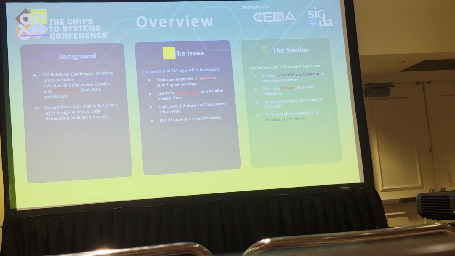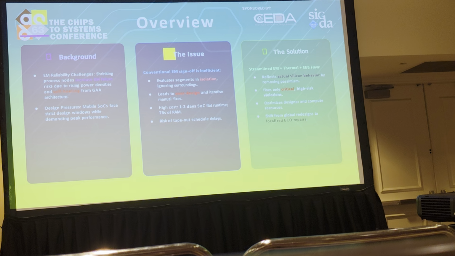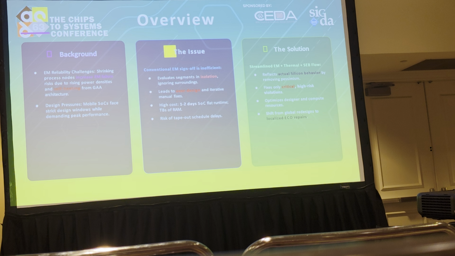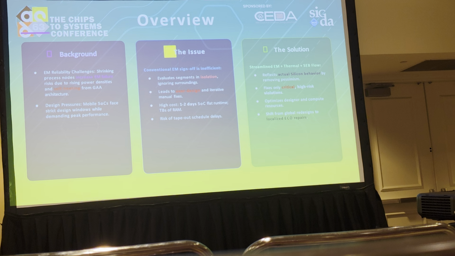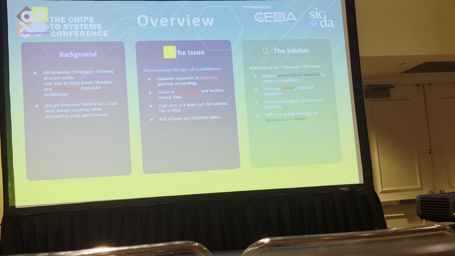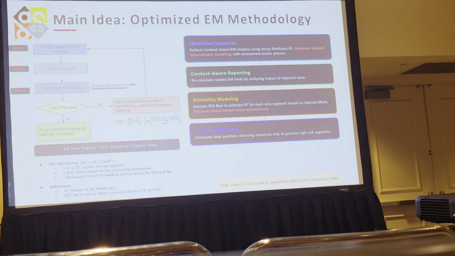So there is some pessimism involved in our flow or analysis. Our flow basically filters out this pessimism, identifies the high-risk violations, and saves everyone's time and resources. We'll deep dive into that flow in the next slide.